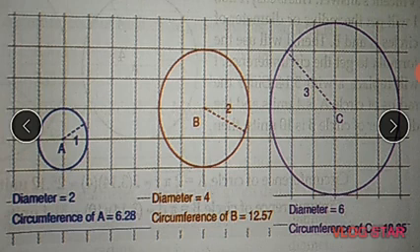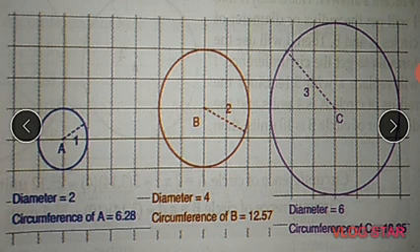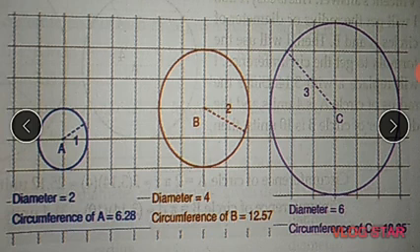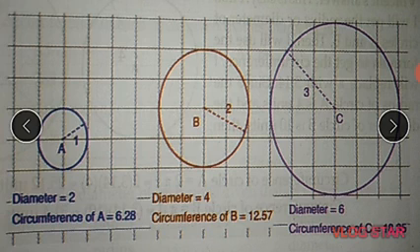So that's why the formula for circumference is pi times diameter, or 2 pi times radius. In any circle, when you divide the circumference by the diameter, its quotient is 3.14.